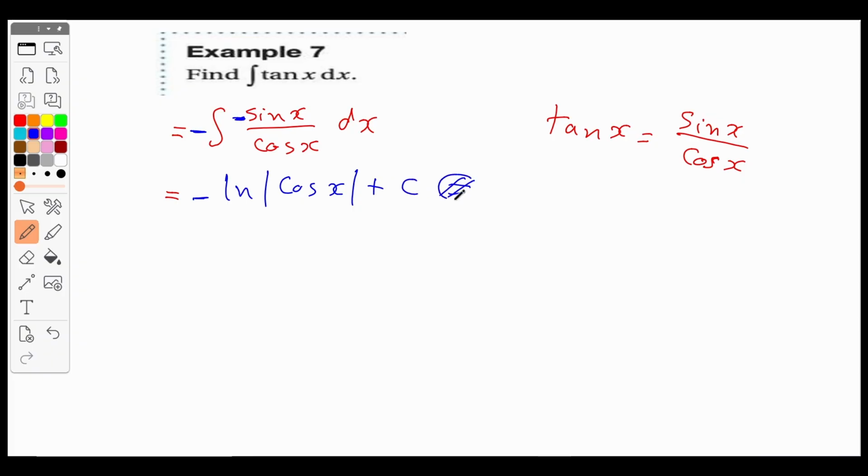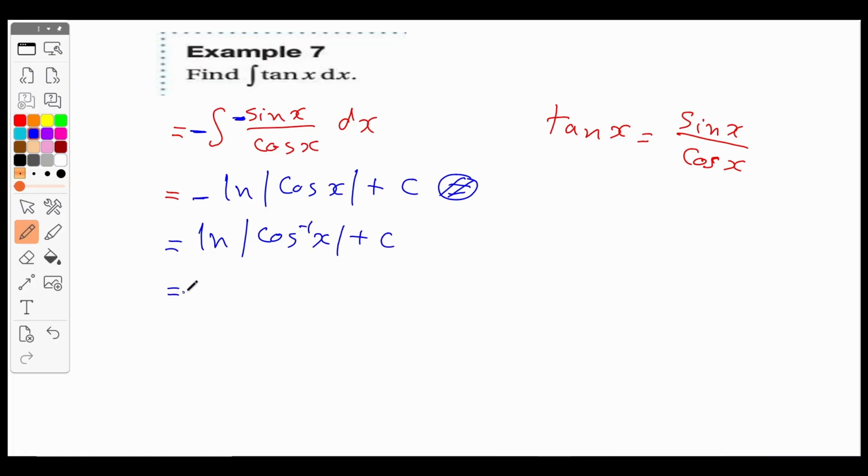You can end your answer here, but sometimes we need to extend our answer because from your previous studies of logarithms, you can take this negative one here. So this one could be written as the ln, the modulus of cosine to the power minus 1 of x plus c.